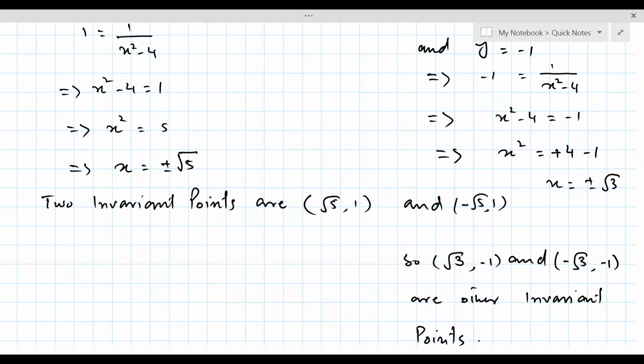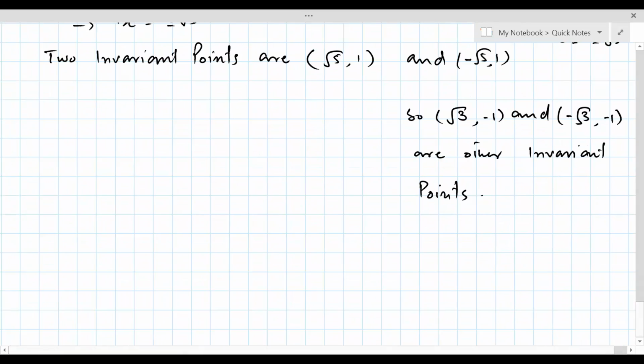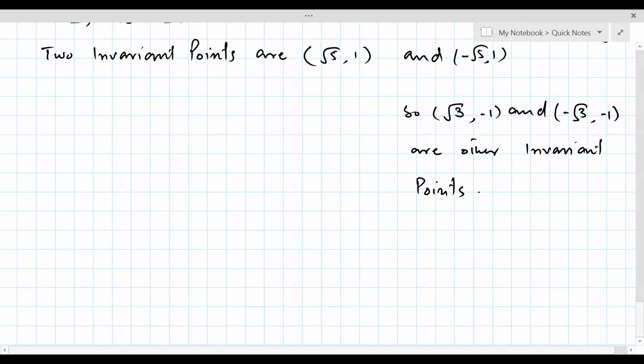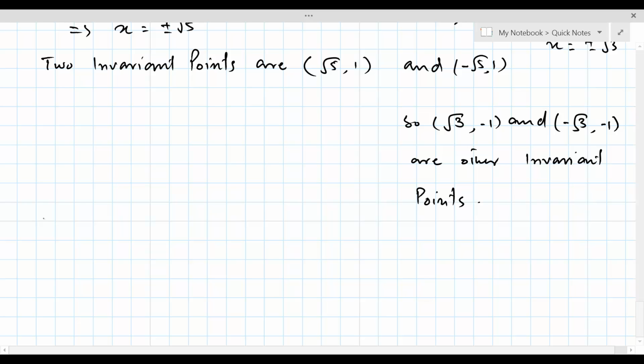We have found asymptotes, we have found invariant points. Let's see if there is any x-intercept or y-intercept. X-intercept, put y is equal to 0.